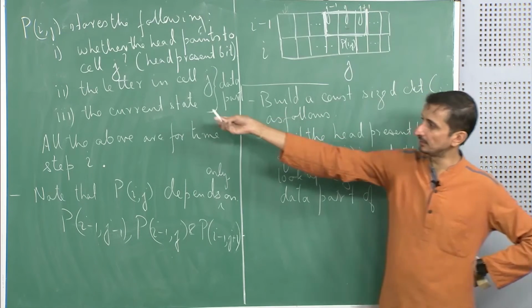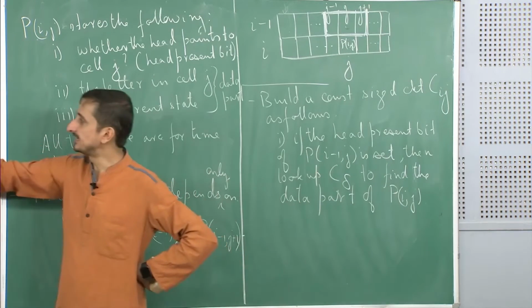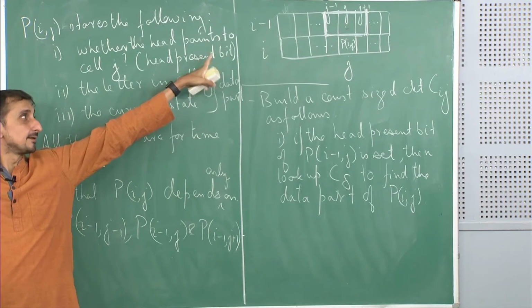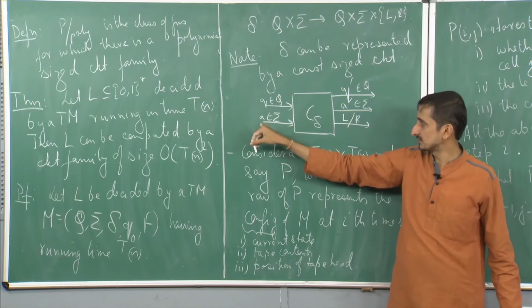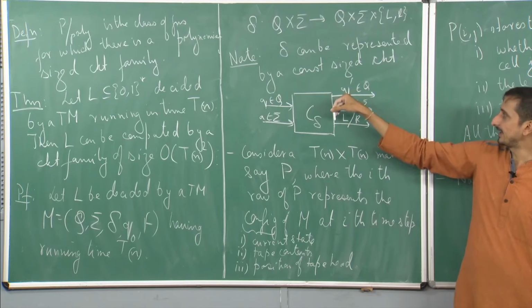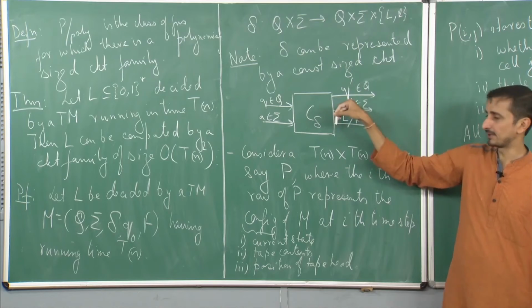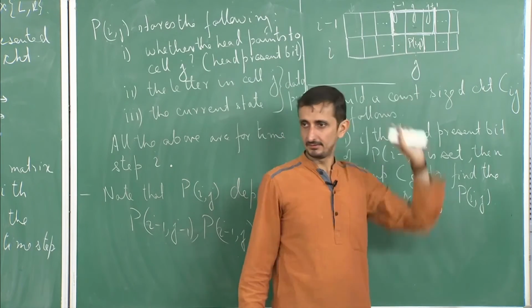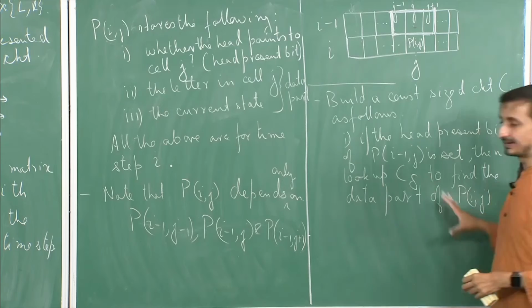Then I just look up the function C_delta: whatever was the current state and the current letter in P_(i-1),j, I feed it to C_delta and I get q prime and a prime, and I just put it over here. Okay. So that is the data part.